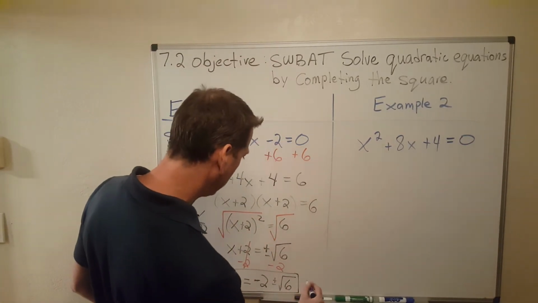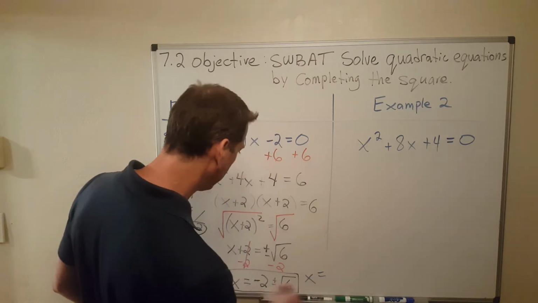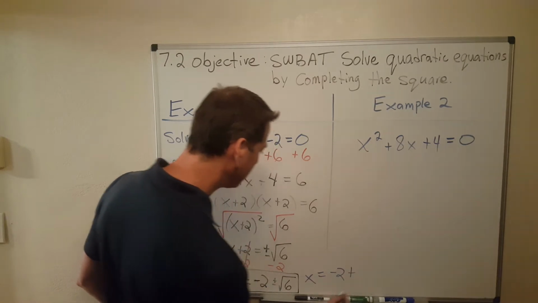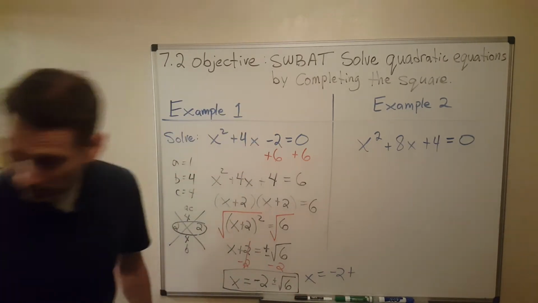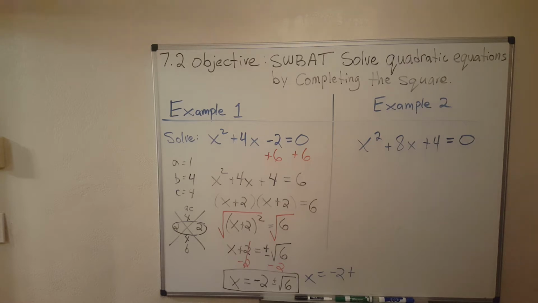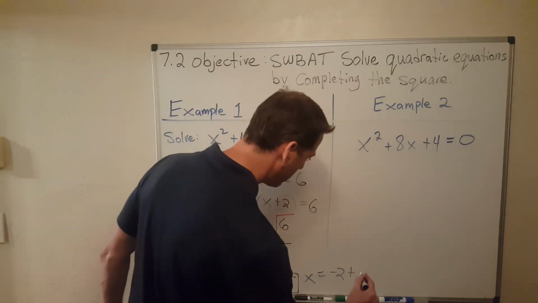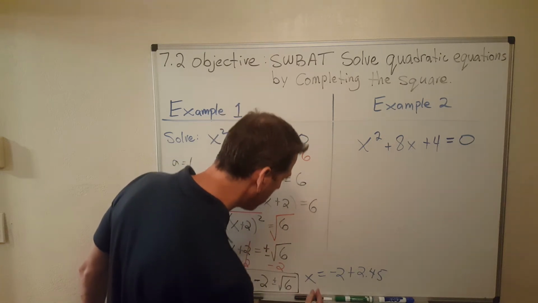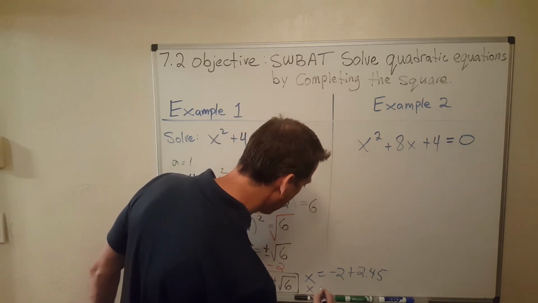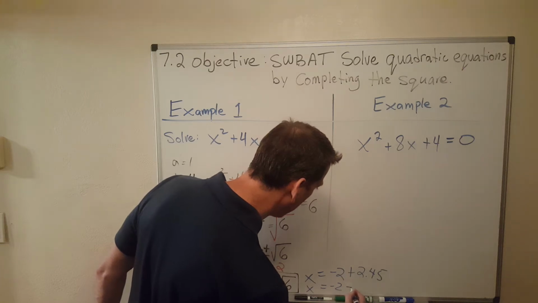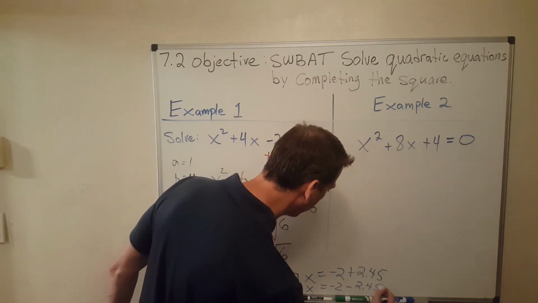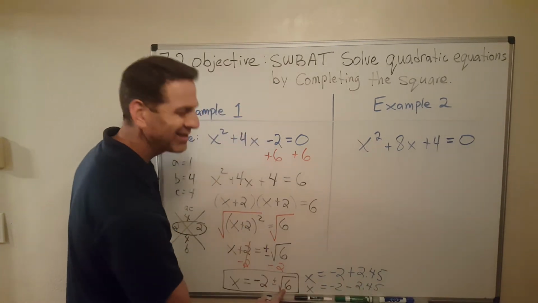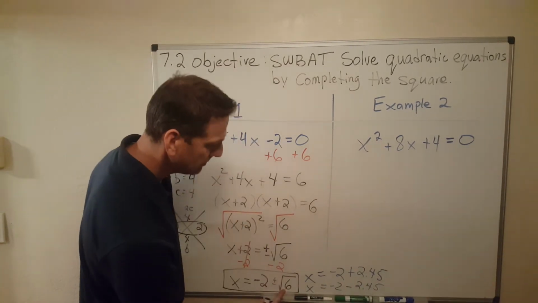So this is basically x equals negative 2 plus, what did I say it was? 2.45? Or x equals negative 2 minus 2.45. Where did I get the 2.45? That's approximately what the square root of 6 is.